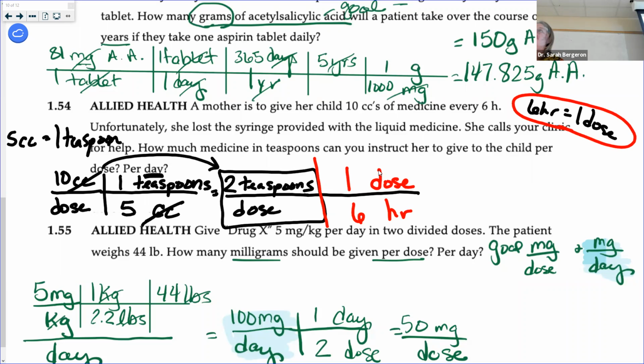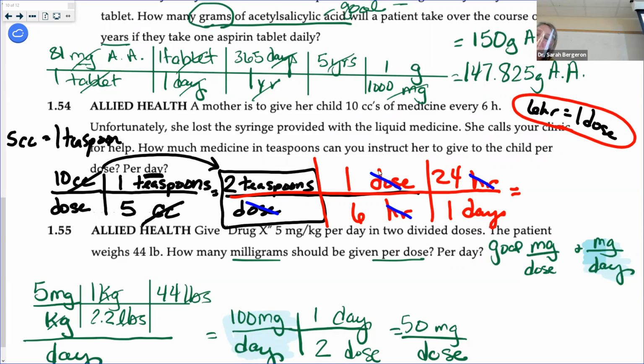Did I answer the question? No, so I'm going to keep my dimensional analysis going. I want to get rid of hours. So where does hours go? At the top. What goes at the bottom? Days. How many hours per day? 24 hours in one day. So let's check to see what cancels. My hours cancel, my doses cancel. I'm left with teaspoons per day.